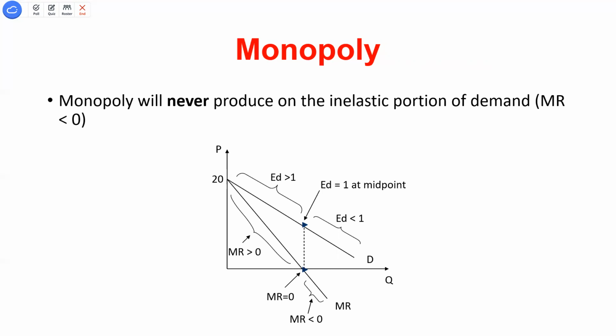How do I know that it's going to be somewhere in that range? Well, I'll give you an extreme case. I'll draw it over here. Let's say that I had zero cost, or at least that my marginal costs are zero.